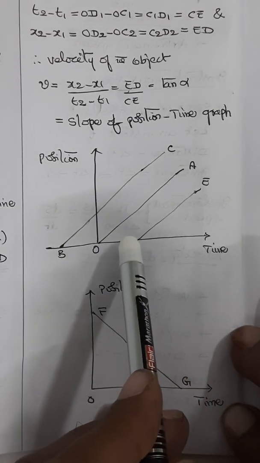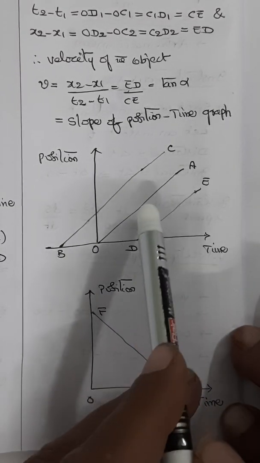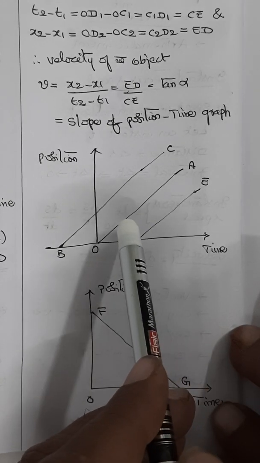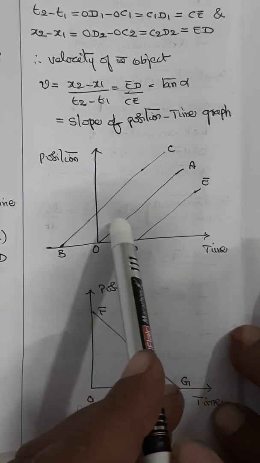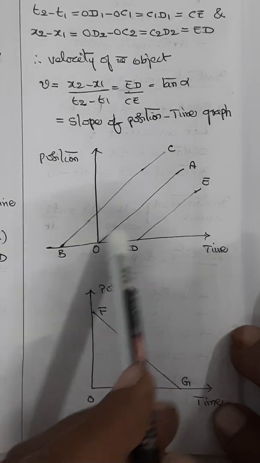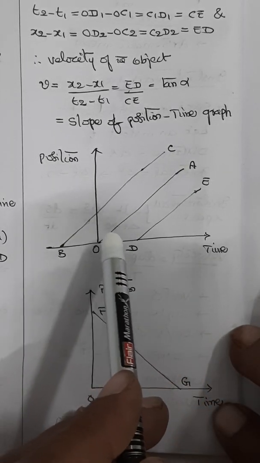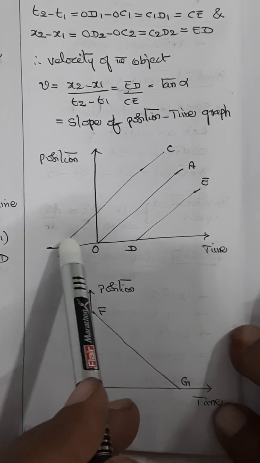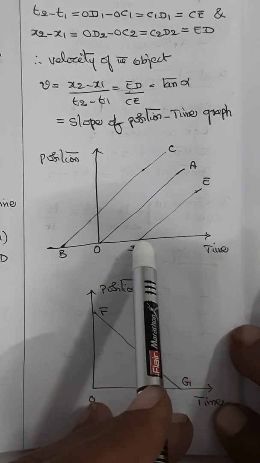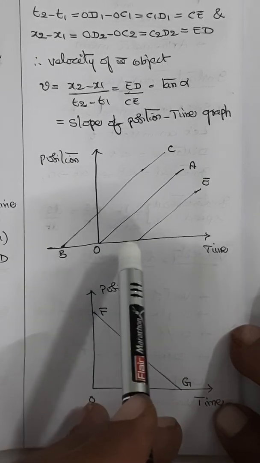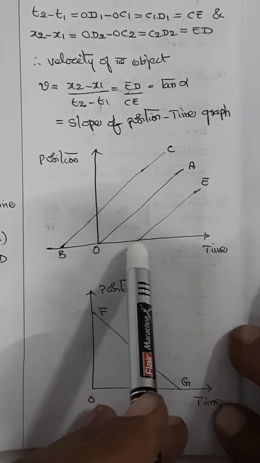So the position time graph of a uniform motion in one dimension of an object starting from origin is shown here. The straight line OA starts from the left of the origin, and straight line BC and the line DE start from the right of the origin.